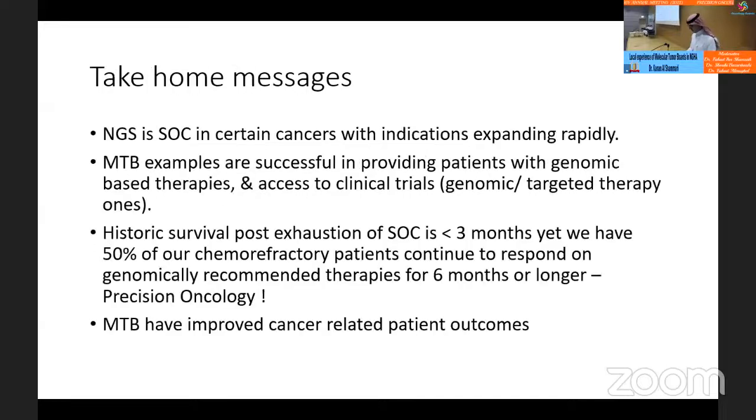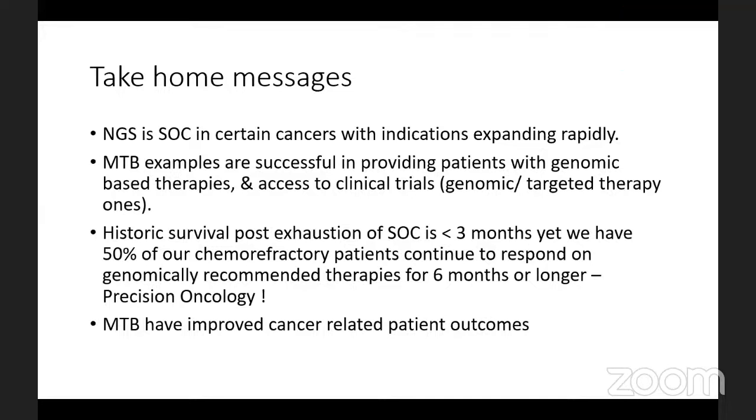So the take-home messages from this talk is that NGS is standard of care in certain cancers, with indications expanding rapidly. Molecular tumor board examples are successful in providing patients with genomically based therapies and access to genomic or biomarker-based clinical trials. Now, we know that the historical survival for chemorefractory patients or post-exhaustion of standard of care therapy is less than or equal to 3 months.